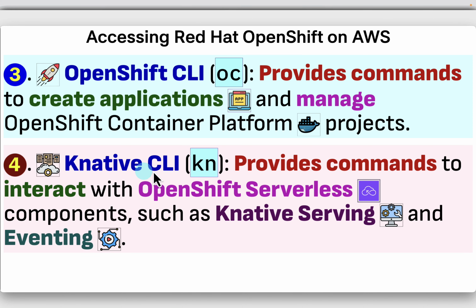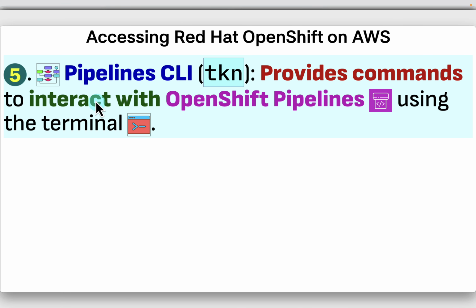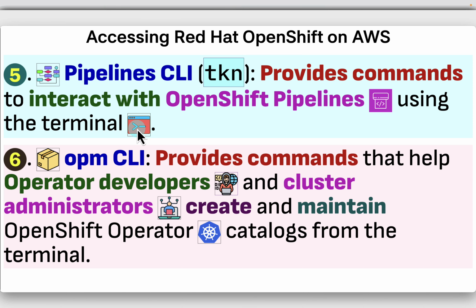Then we have the Knative CLI, and the binary name is kn, which provides commands to interact with OpenShift Serverless components such as Knative Serving and Eventing. Then we have a pipeline CLI, and the binary name is tkn, which provides commands to interact with OpenShift Pipelines using the terminal.